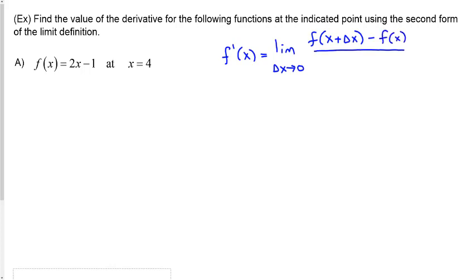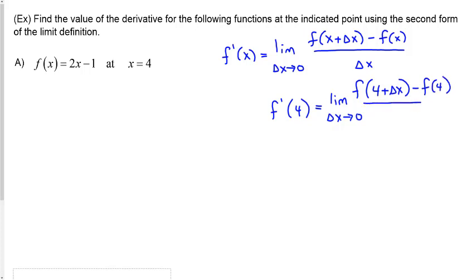We have a couple of things to figure out before we can plug stuff in, because it's going to look like f prime evaluated at 4. The point x is 4, so I need to replace all my x's with 4. So this would be f of 4 plus delta x minus f of 4 divided by delta x.